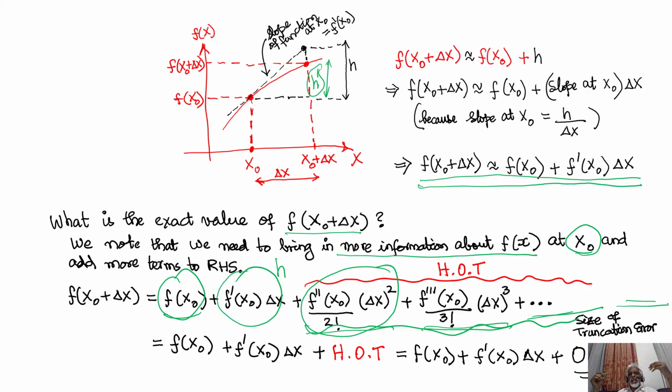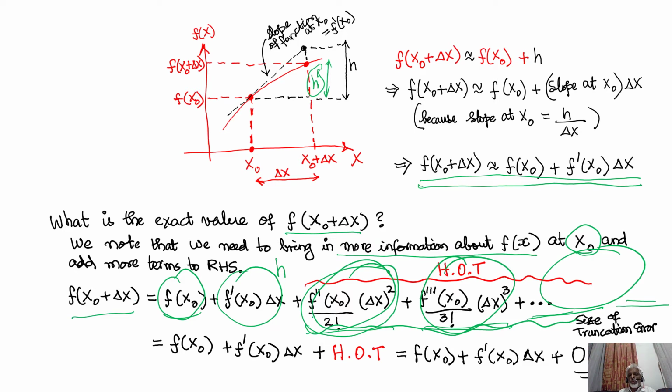And they are not as significant in most cases because we are usually working with small delta x. So for example, if delta x is equal to 0.1, delta x squared is going to be 0.01. Delta x cube is going to be 0.001, etc. So these terms are going to get smaller and smaller as we go to the right, and therefore it is not going to contribute much to the function as you go along.